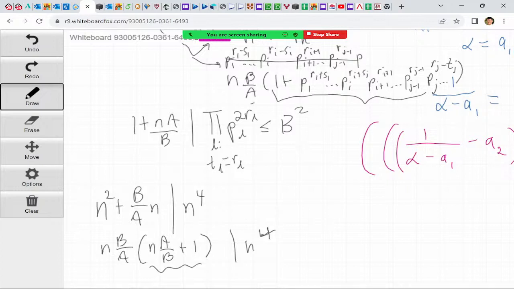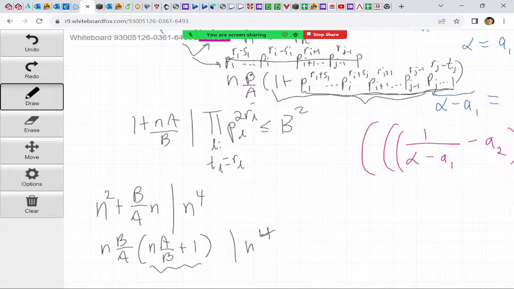Wait, I forgot. N squared plus B over A N, did we already prove that? Oh, are we just assuming that divides N? Yeah, that's the assumption. So this divides a whole bunch of P's multiplied together, and for that, it has to be the P's that don't appear in this block.